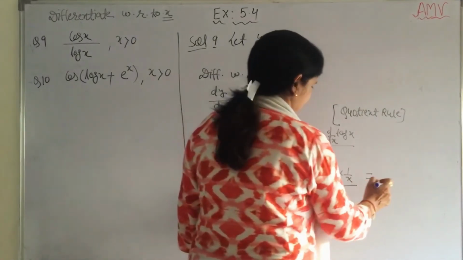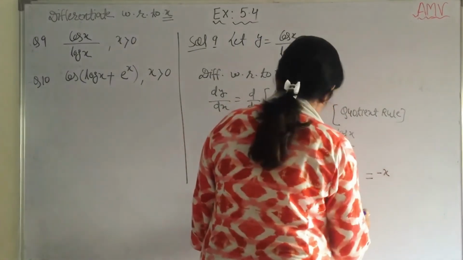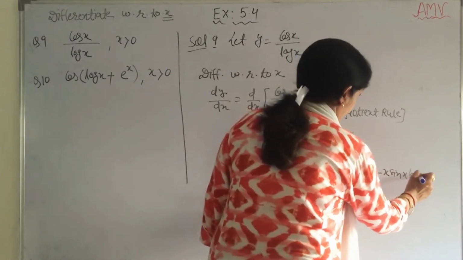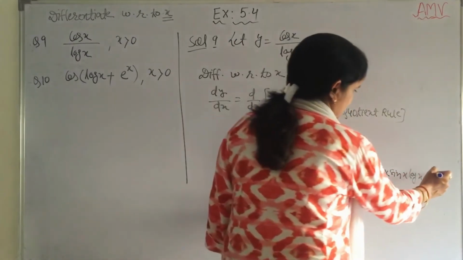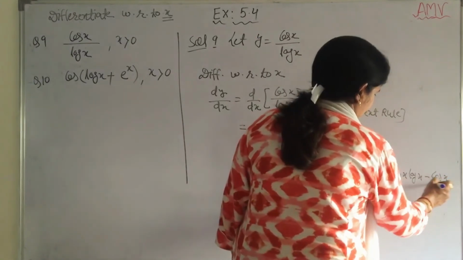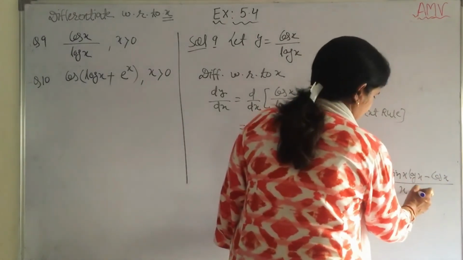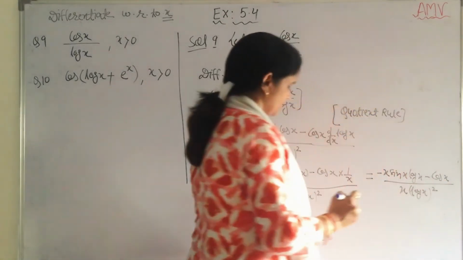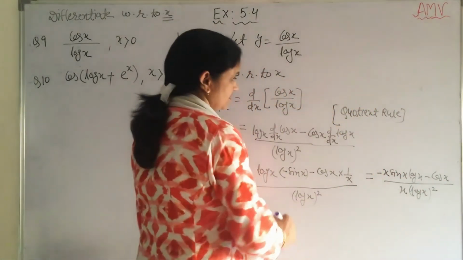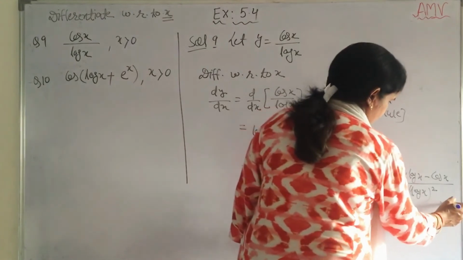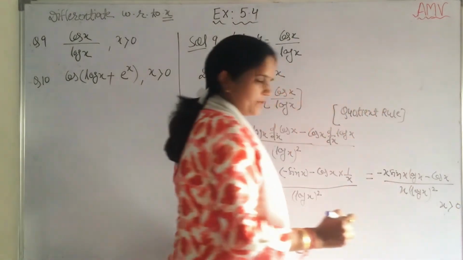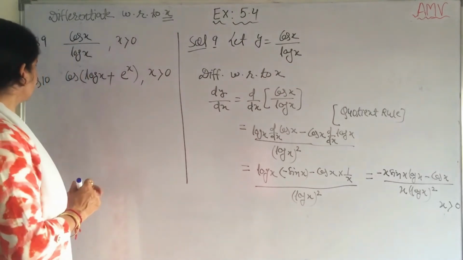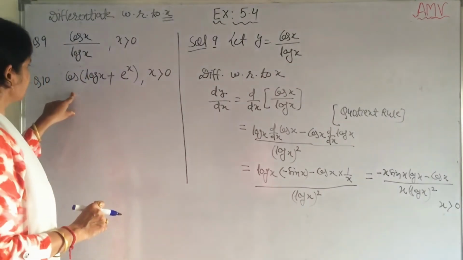You will get minus x sin x log x minus cos x and here x (log x)². Okay. It is the answer and write for x greater than 0. Okay. Now move for the question number 10.